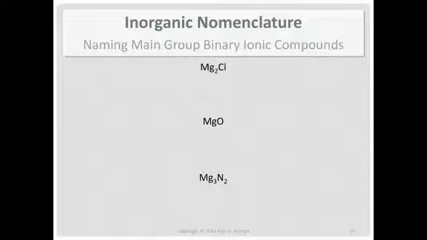So let's swap in a different cation with those three anions, just so you can see patterns. So for each of these three, metal to nonmetal, binary ionic compound, you identify the cation and the anion.